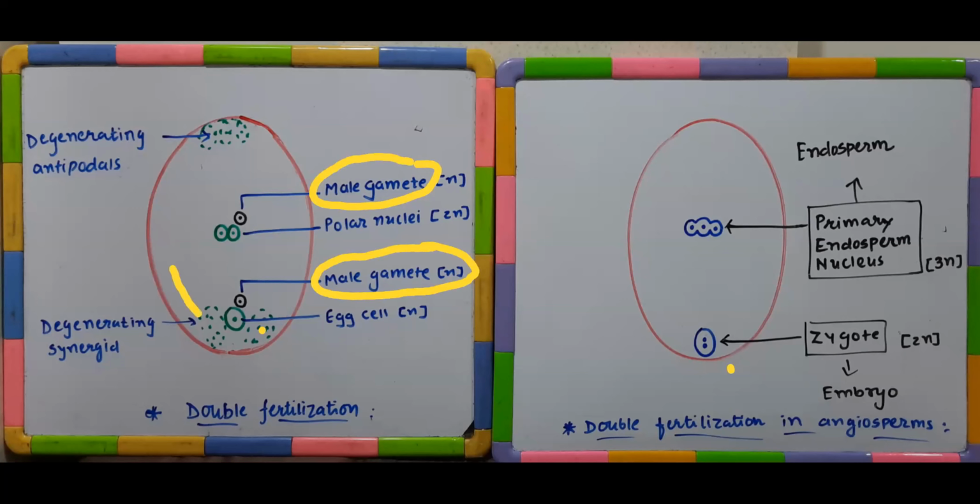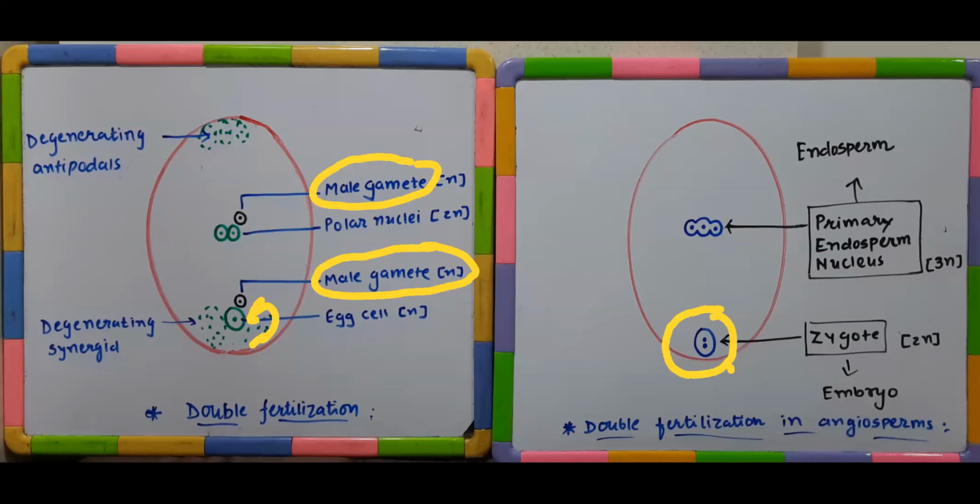One of the male gametes moves towards the egg cell. Here it is going to fuse with the egg cell nucleus and will complete the syngamy.